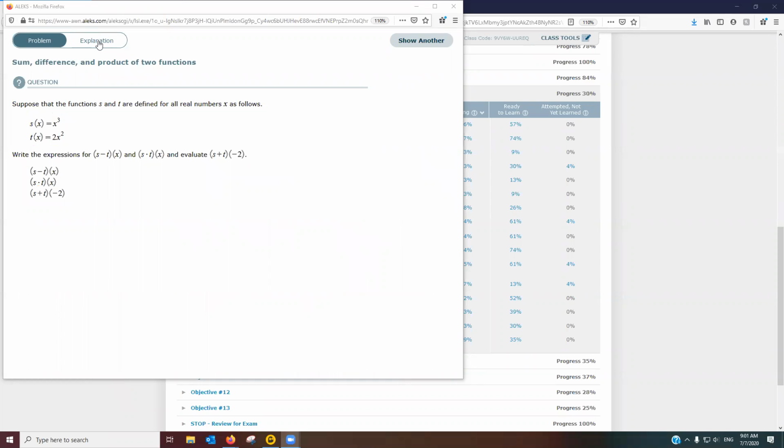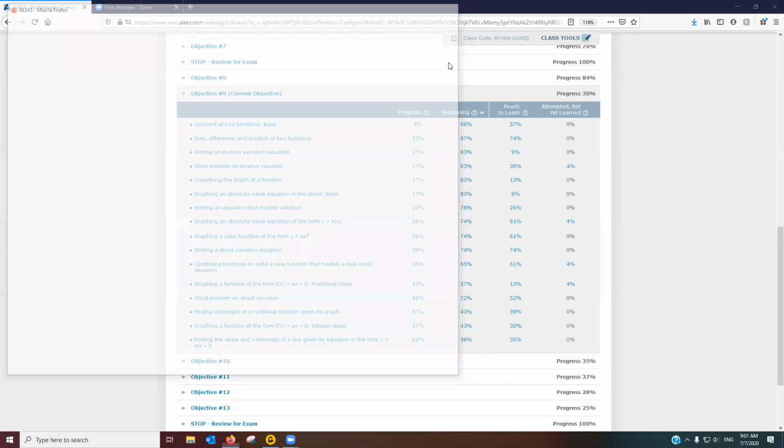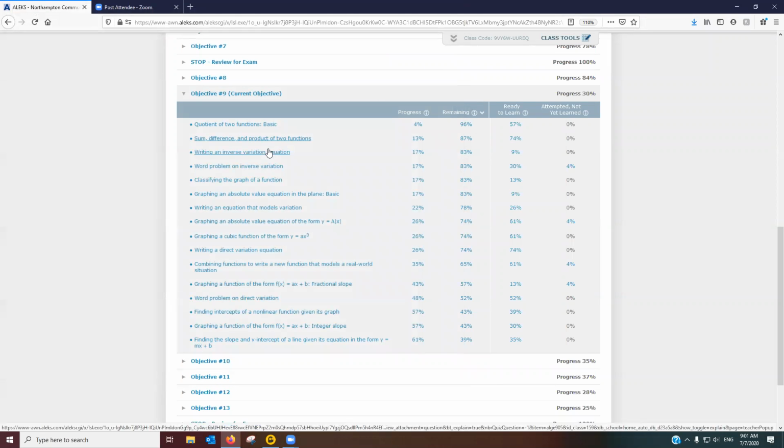Let me click on explanation. So notice they're telling you how to think about this notation. Notice here they said s plus t of x is really s of x plus t of x. And that's why I think this explanation is very important to check out, because it'll explain some of the notation and some of the terminology.